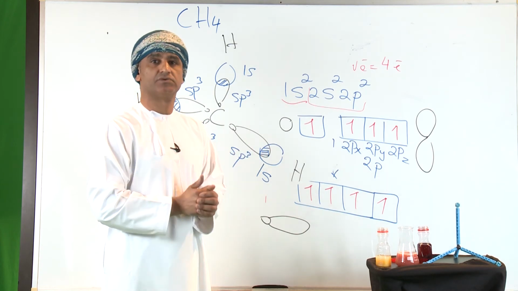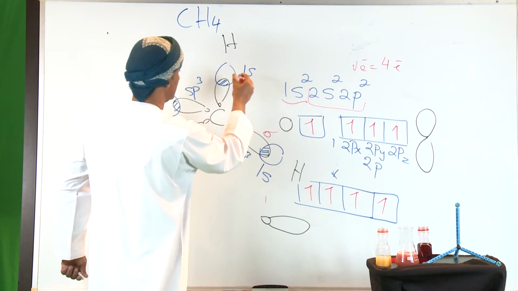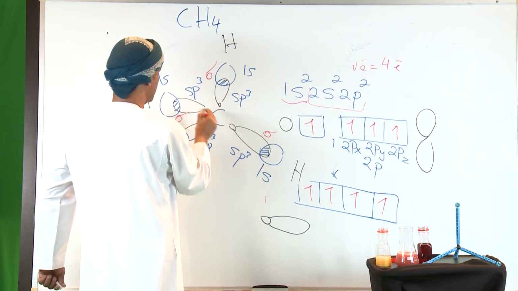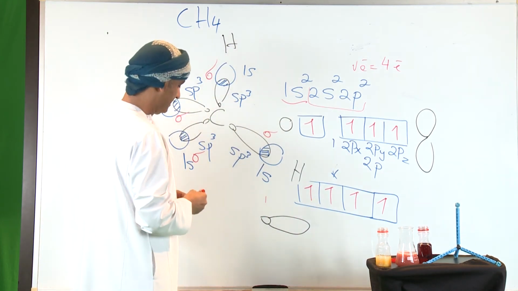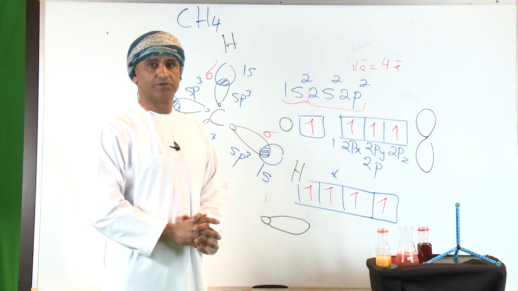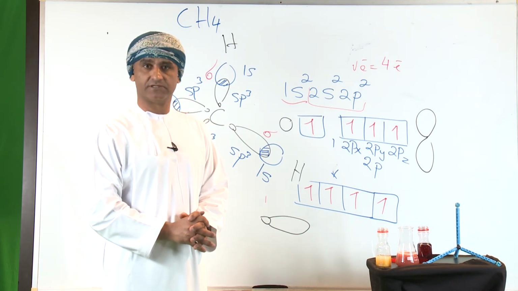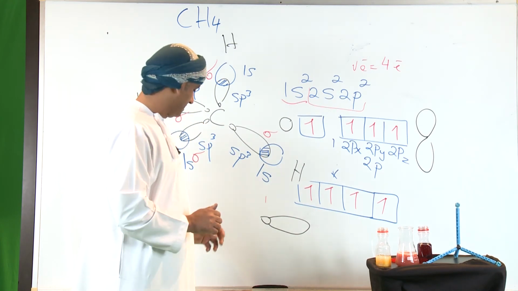This constitutes what's called a sigma bond. So there are 4 sigma bonds in the case of methane, which are formed by head to head or end to end overlap between an sp3 hybrid orbital from carbon and an s orbital from hydrogen.